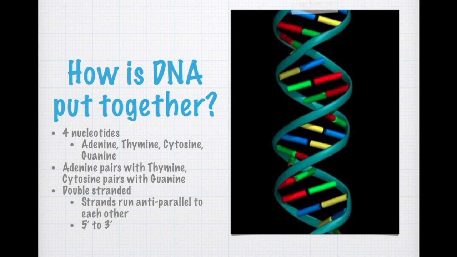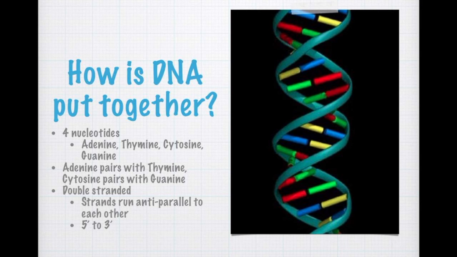Now, if you look at this picture here, imagine your adenine is red and your thymine is green, your cytosine is blue, and your guanine is yellow. As you can see, red and green are always paired together, and yellow and blue are always paired together. Why? Because adenine always pairs with thymine, and cytosine always pairs with guanine when it comes to DNA.